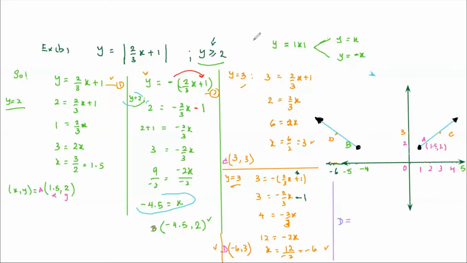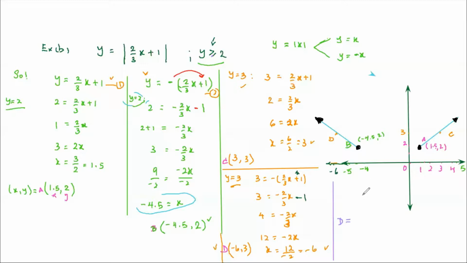Now we need the value of the domain. Domain means you look at x. This point, x is 1.5, y is 2. And on this side, our point B, the coordinate of B is (-4.5, 2).